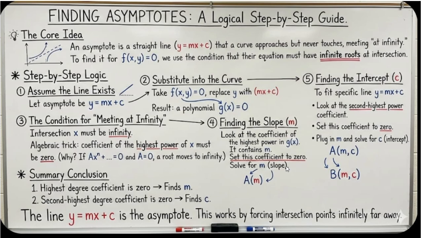Under such a condition, you find m and c, and the second highest power coefficient is also set to 0. Under such a condition, if you find m and c, what happens? For such m and c, two things are true.